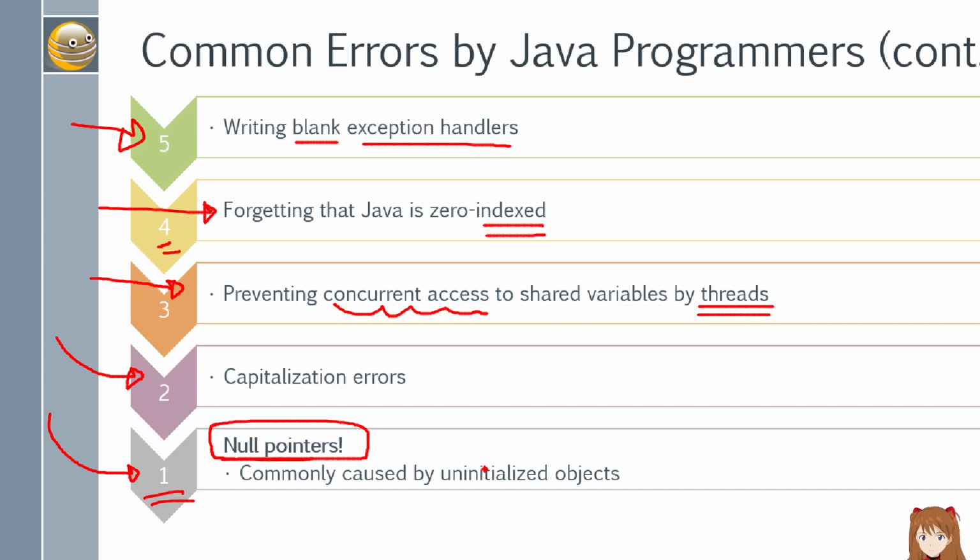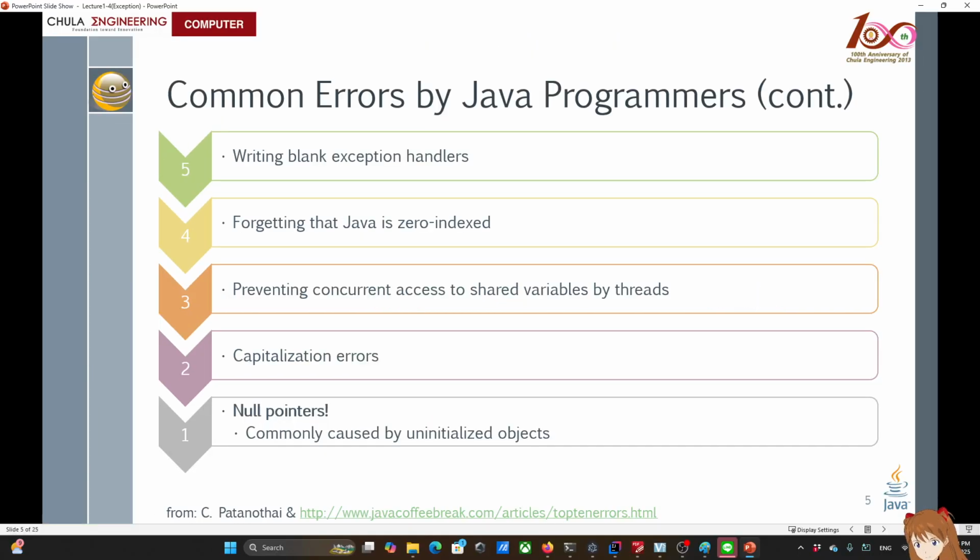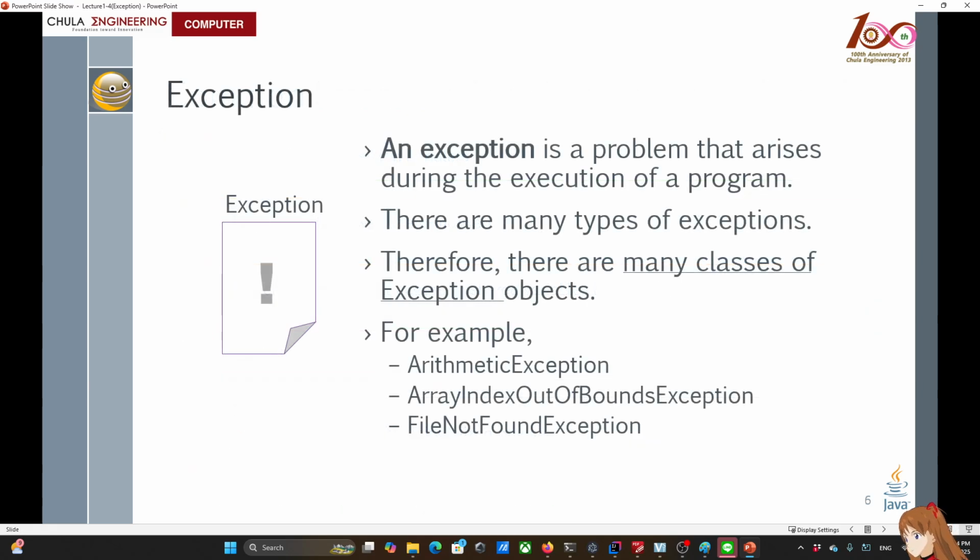That means you forget to initialize an object. So leaving it without an address, or we say leaving it null, being null pointer. Okay? So you may forget to initialize or forget to check if the return value of a method is null, and then just use that value. Right? So you end up using null.